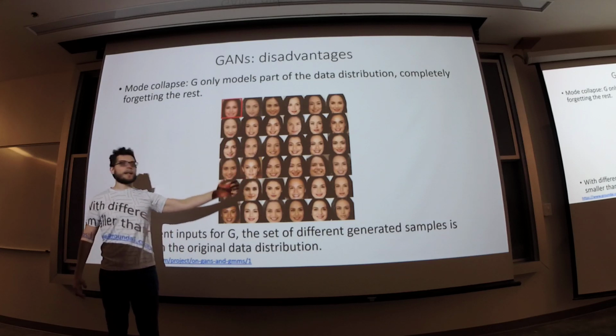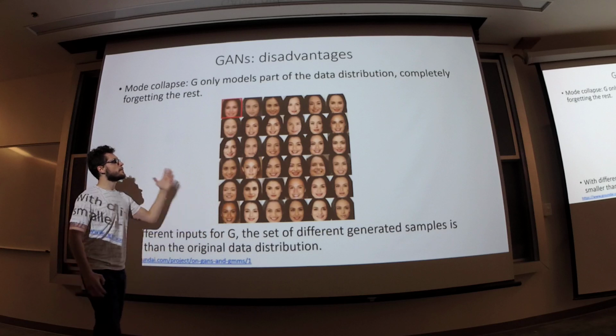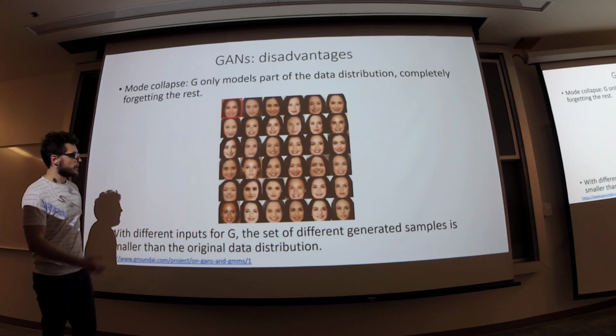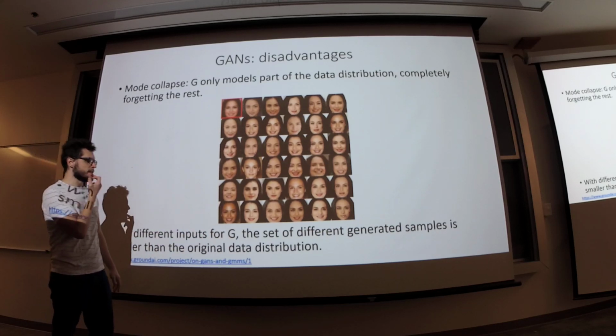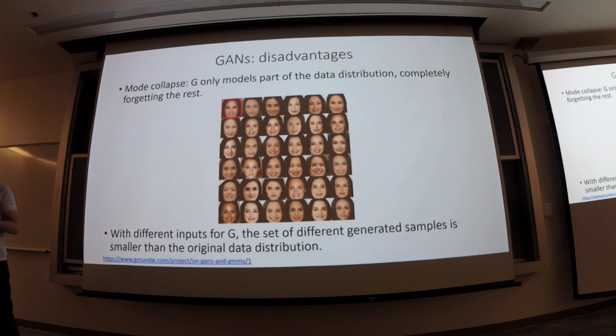All of them have dark hair, all of them are women, all of them have very defined lips. Does it make sense? So this is very clear mode collapse. Good samples, but only from a subset of the features that you can find in the real data. It doesn't span the whole set of the real data.